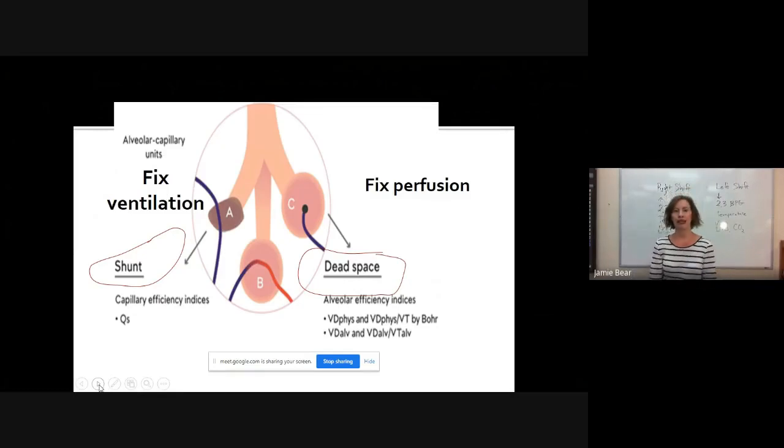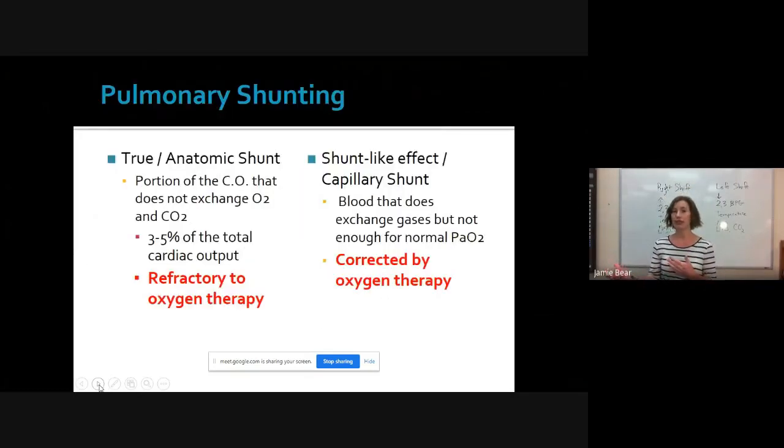So there's different types, same as there were different types of dead space. There was anatomic dead space, which is the amount of gas that's in our tracheobronchial tree that's not participating in gas exchange. And then with shunting, there's the same thing.